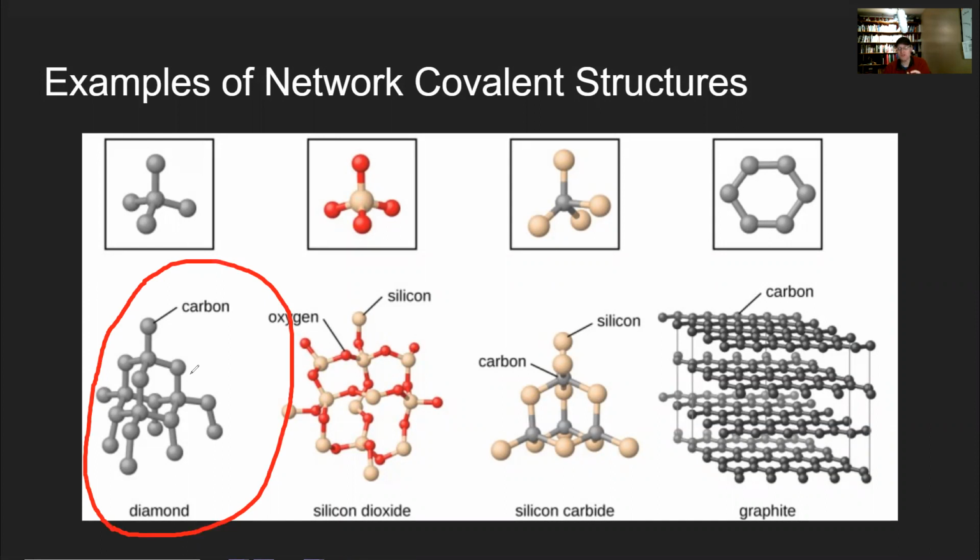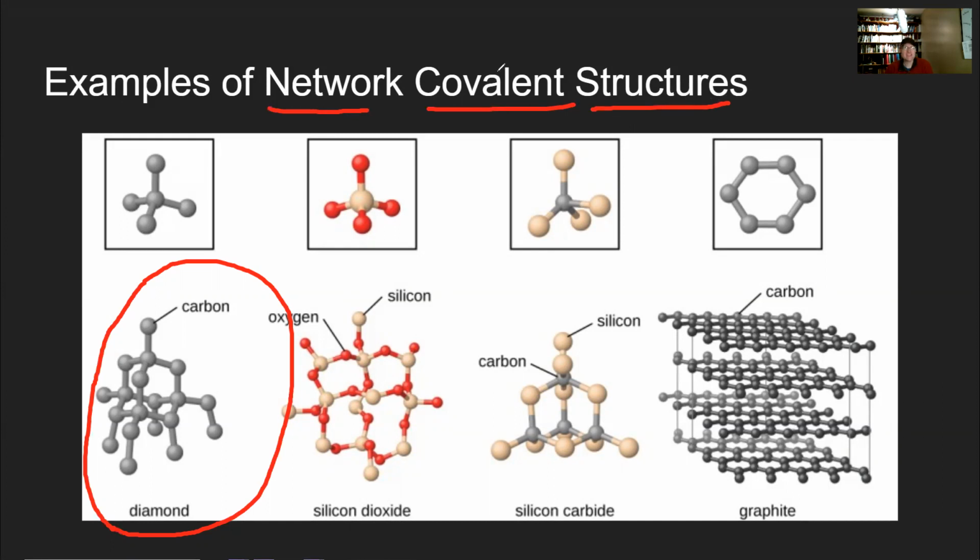That entire big structure would be made of millions upon millions of atoms of carbon in an organized fashion, all connected to each other in one ginormous molecule. It's all one big network of covalently bonded structured atoms. So hence the term network covalent bonding, or network covalent structures.